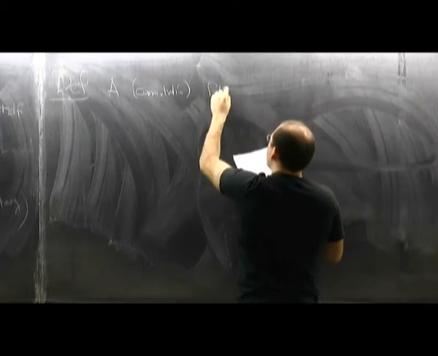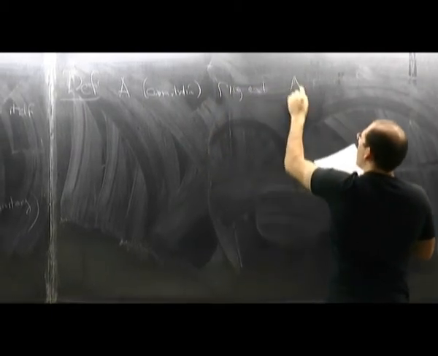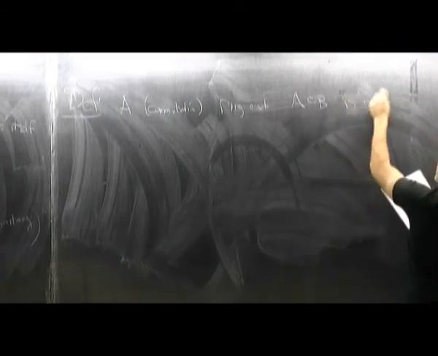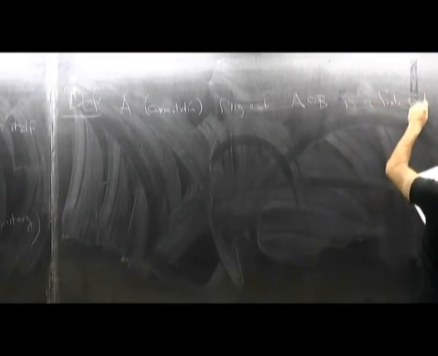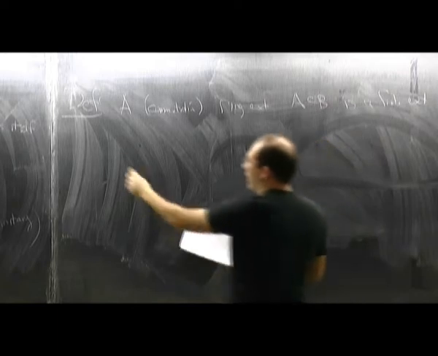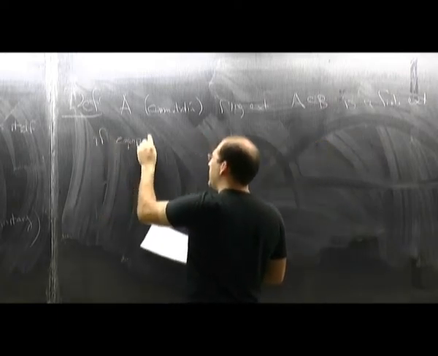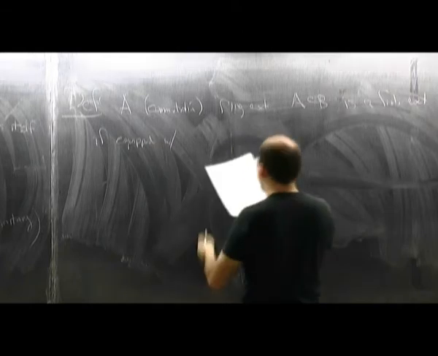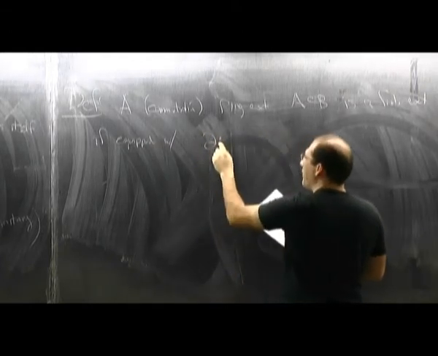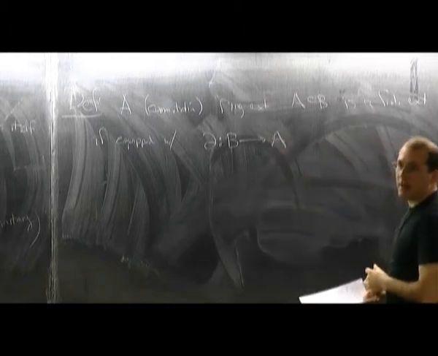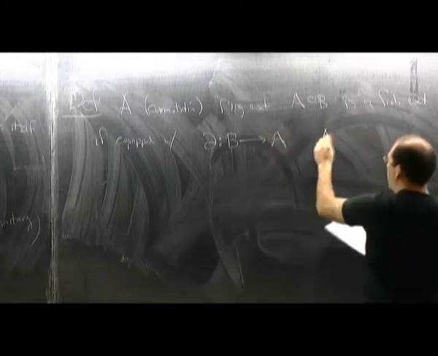ring extension A inside B is a Frobenius extension if equipped, so it's a bit of extra data, with some trace map from B back to A. So this thing has to be A bilinear.